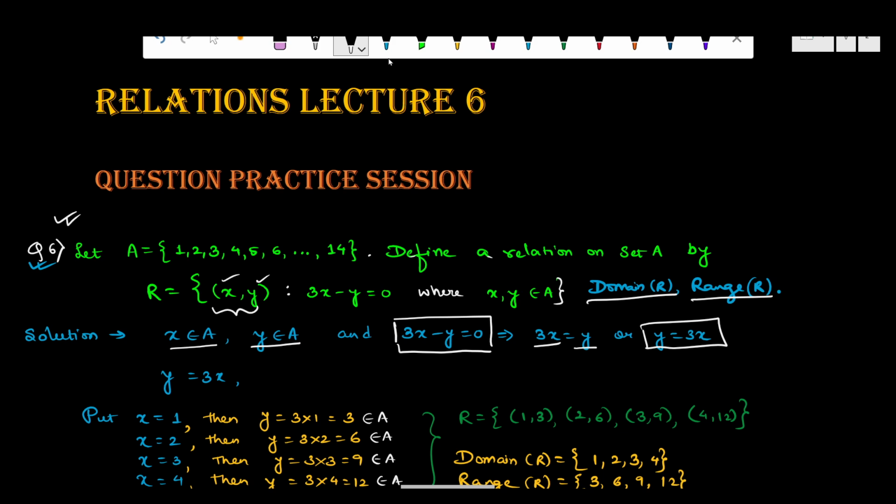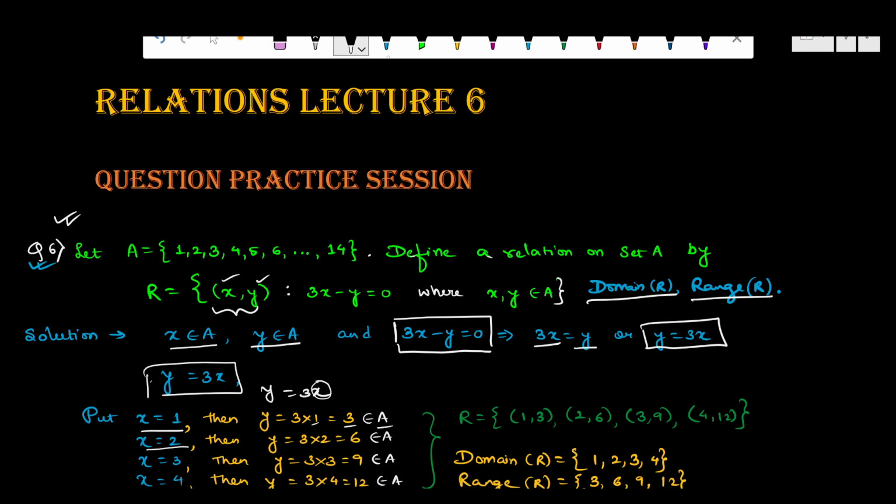Now see, you put x equals to 1, then you get the condition is y equals to 3x. So in place of x put 1, so 3 into 1 is 3, that belongs to A.